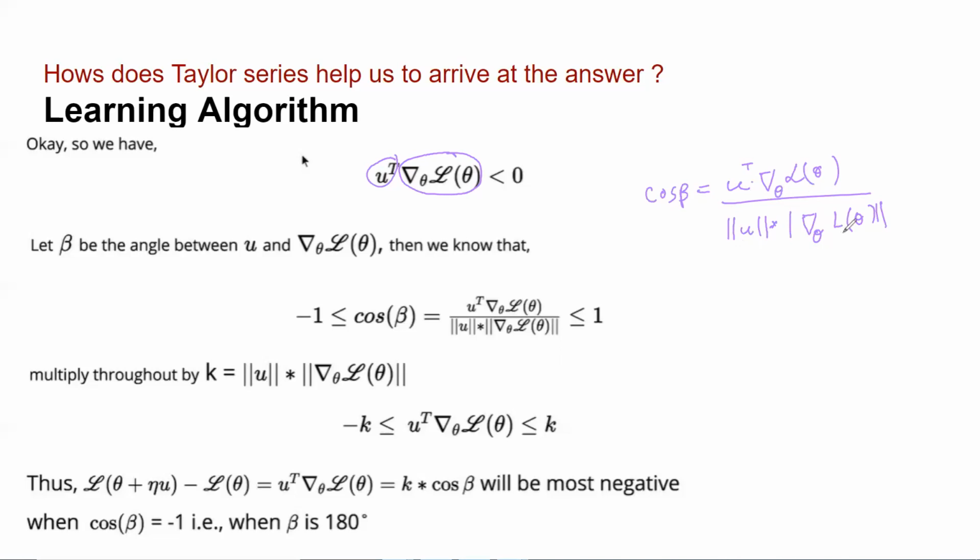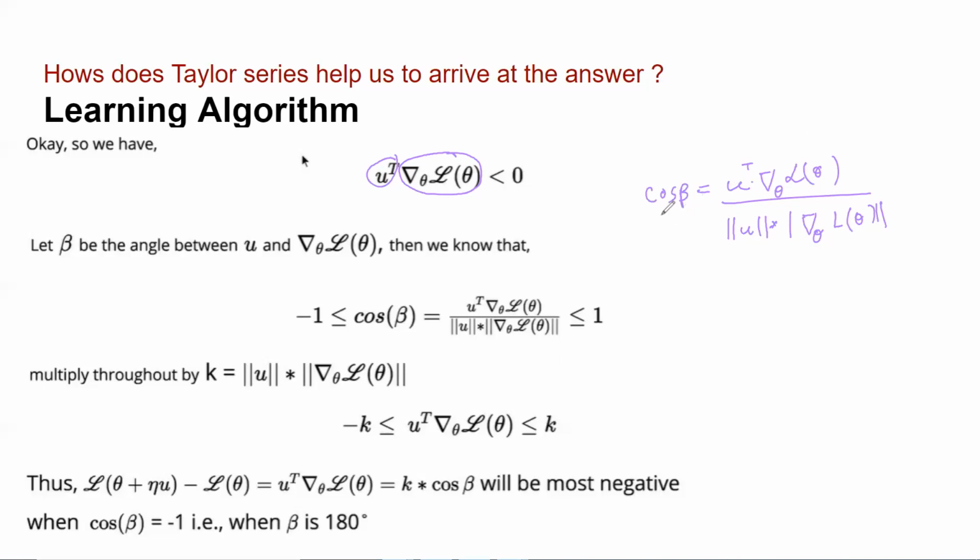Yes, this is a standard formula, dot product divided by the magnitude of the two, if you know the angle between both the vectors is beta.